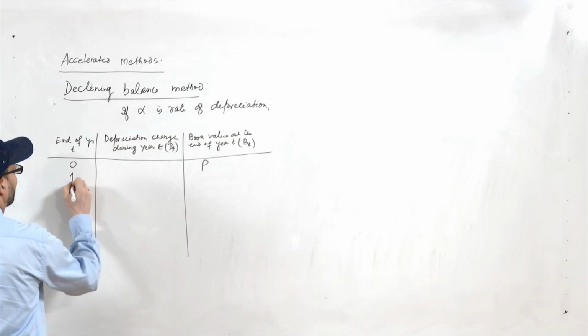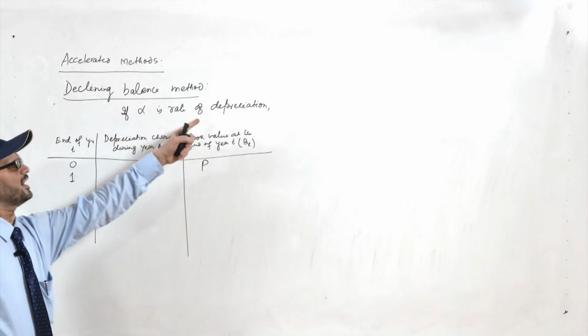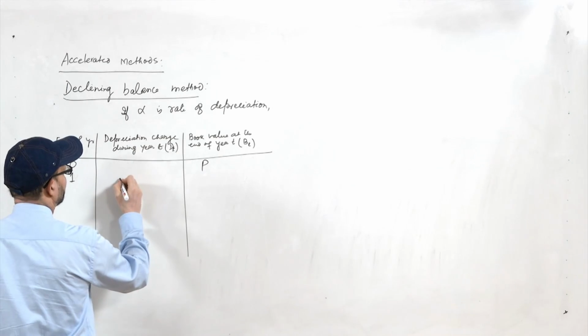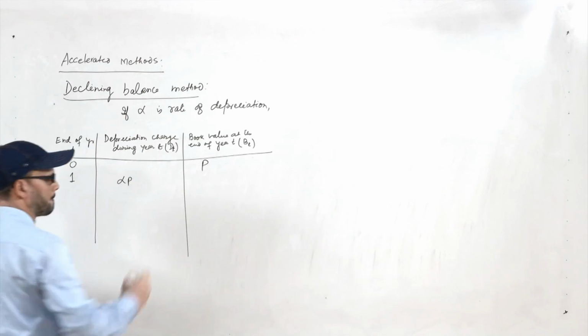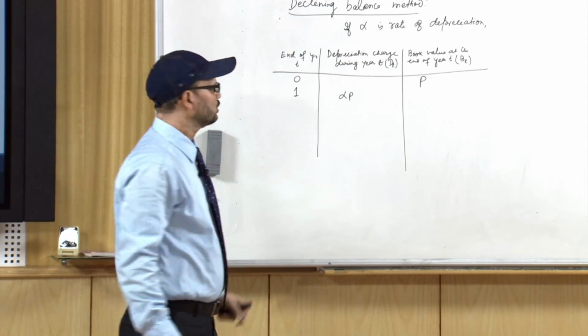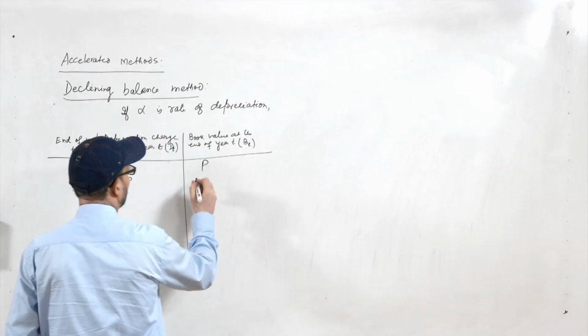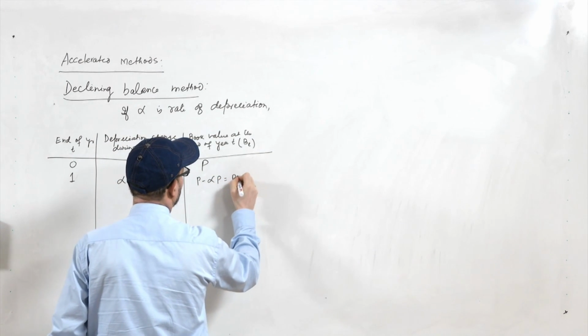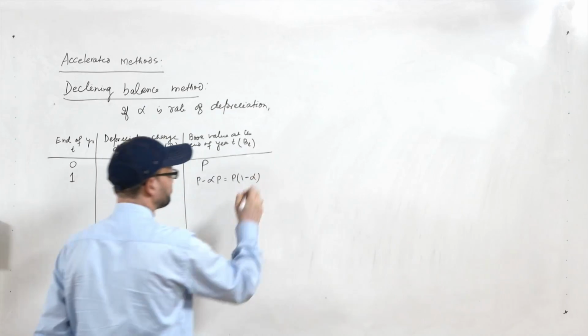In the first year, the depreciation will be alpha times P. So the book value at the end of the first year will be P minus alpha P, that is P into (1 minus alpha).